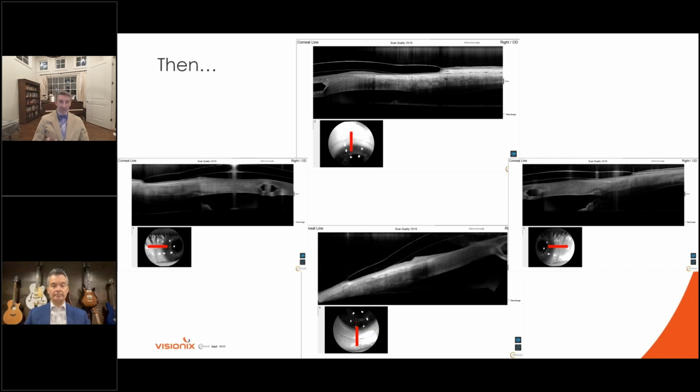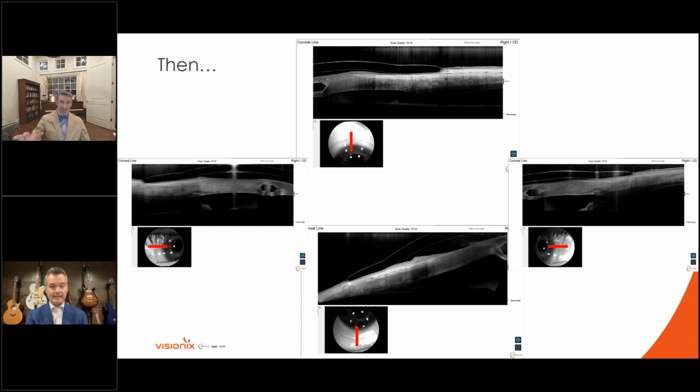So the first two images that we take are line scans through the center of the lens, one horizontal and one vertical. But then we're taking line scans at the haptics, or something that shows us the limbal clearance, like Mile showed us a few slides ago, and the haptic alignment. And we're doing that in 4 quadrants at least. You can see I highlighted where the line scan is on the en-face image.